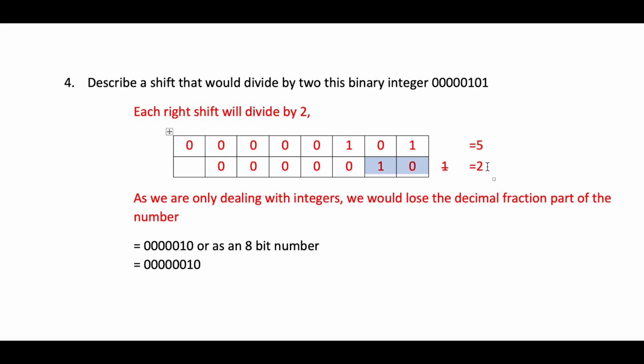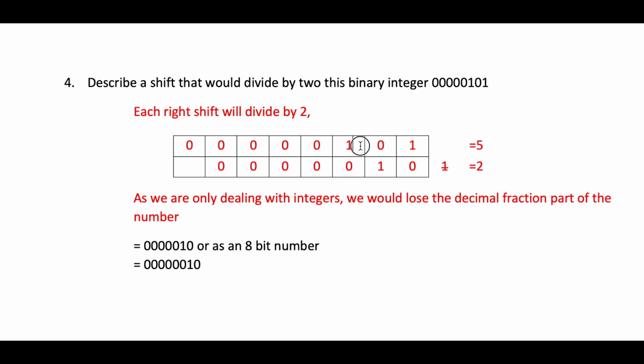Now we know the answer would be 2.5, but we are dealing with integers. Remember, an integer is a whole number. So when we're dealing with shift operations on an integer, we have to ignore the fractional part of the number.